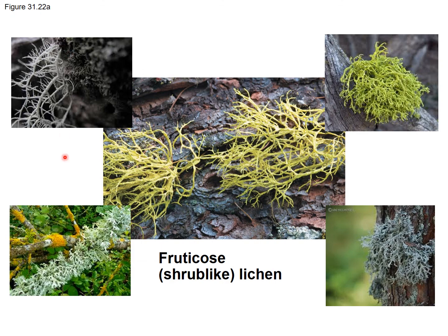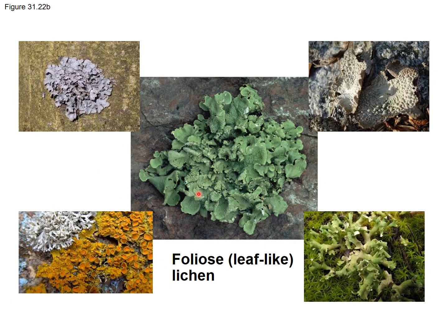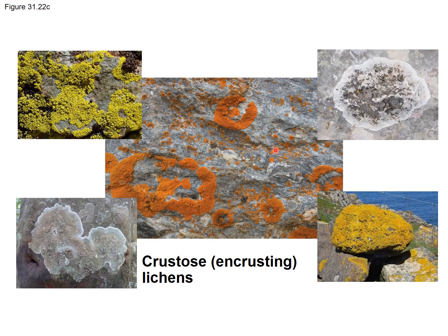There are some examples here. The foliose form, which looks more like leaves. Again, they do have many bright colors, quite diverse in their structure. There's the crustose form, which looks like crusting on rocks and other solid surfaces.